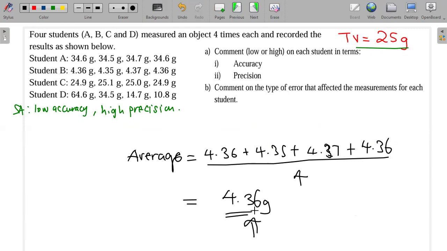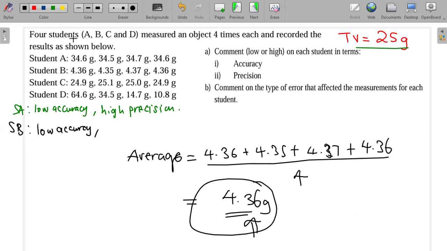Again, we see that this average is way lower than the true value. So for student B, there's low accuracy. The measurements are not accurate because the average there is very low. It's 4.36, but the true value is 25 grams. What about the precision?